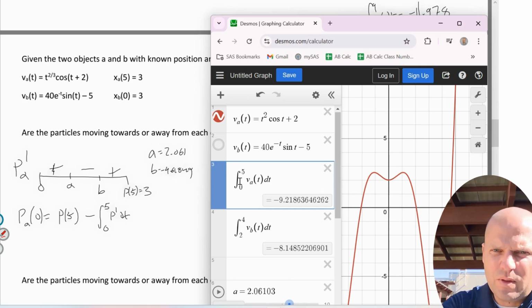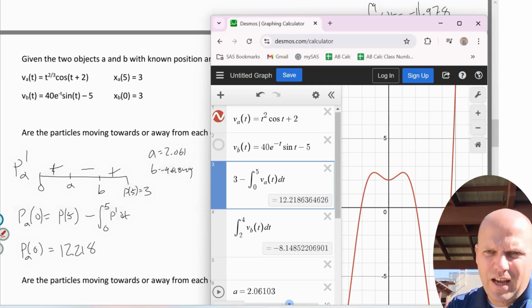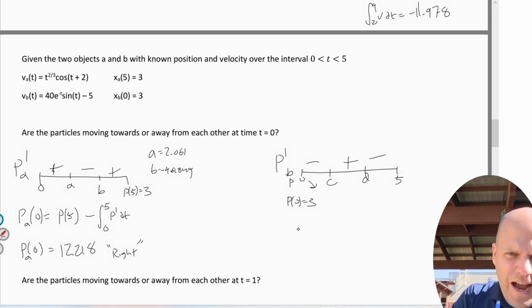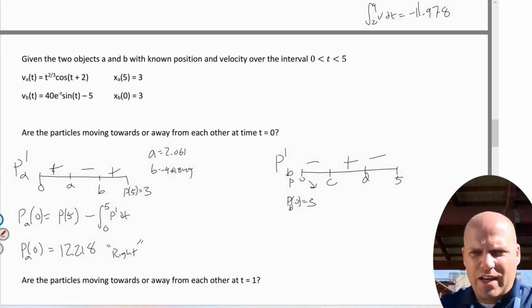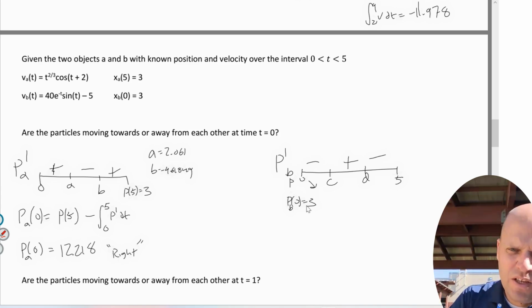So if I do the position of 3 minus that, I get my position of A at 0 is 12.218. Okay. So I have 12.218 and my position is increasing. I have a position of particle B at 3 and my position is decreasing. So if you think about it, I'm to the right, moving right. This one is to the left, moving left. The answer is away.